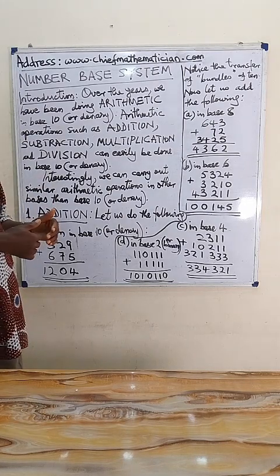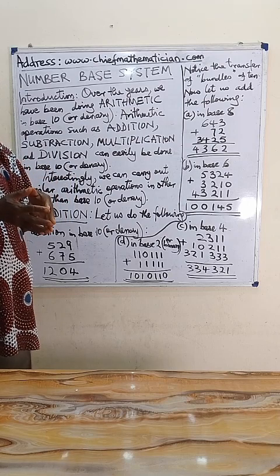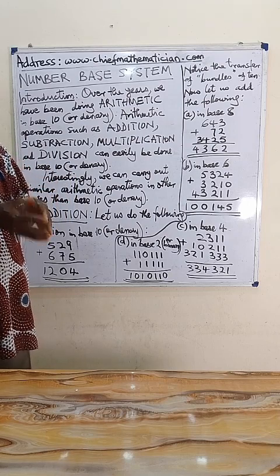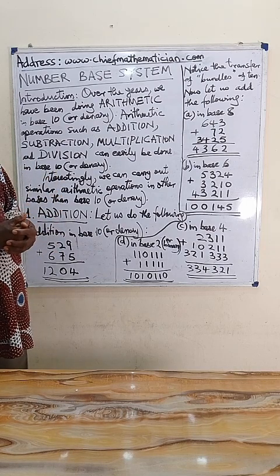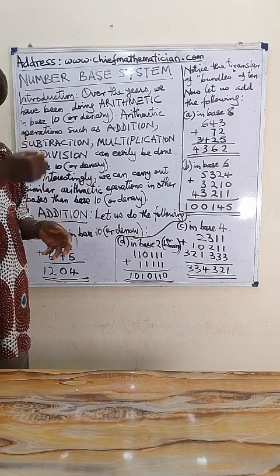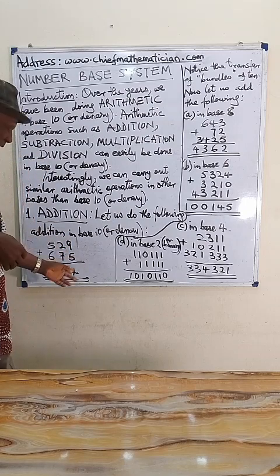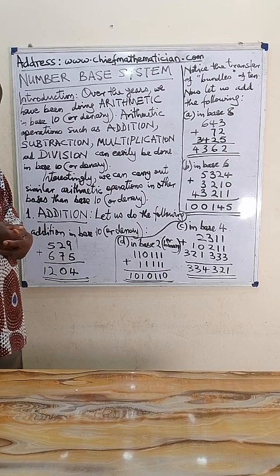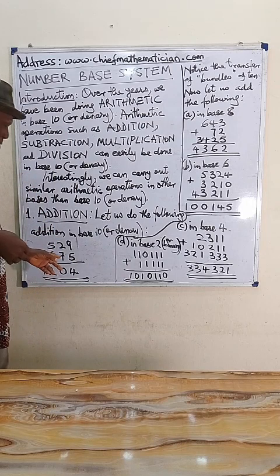You write 4 and carry 1. That one you are carrying is one bundle of 10. Why? Because you are operating in base 10. So the one you are carrying represents 10. You put down 4 and you carry 1. The one now you add to 7, you get 8, add to 2, you get 10.